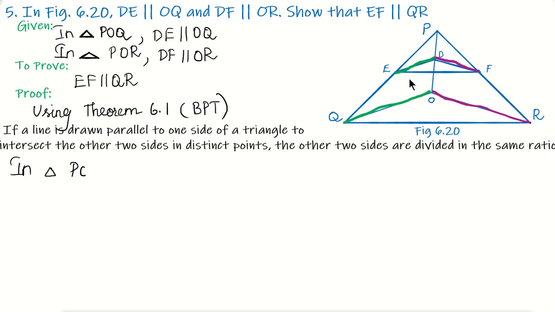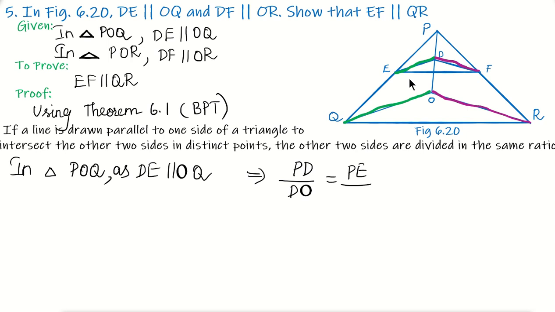In triangle POQ, as we have DE parallel to OQ, we can say that the divided ratios are equal, which is PD by DO is equal to PE by EQ. Okay, this is equation 1.